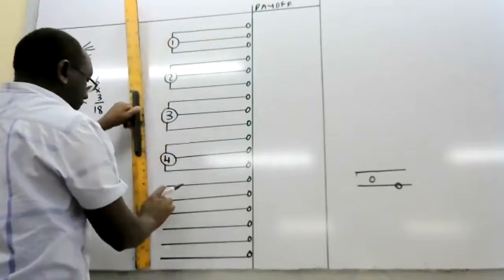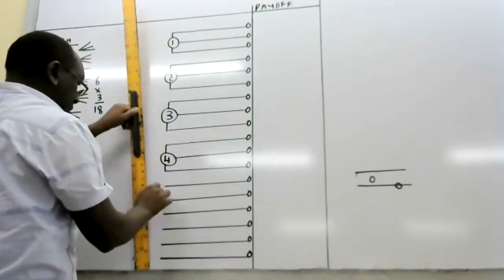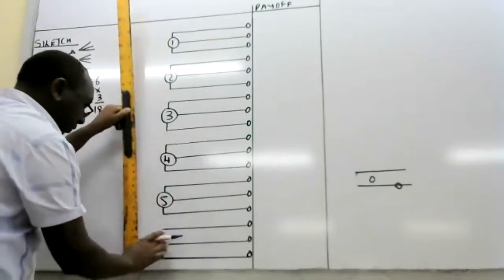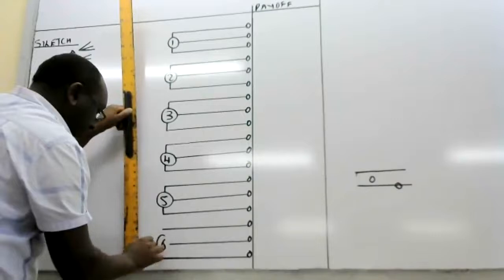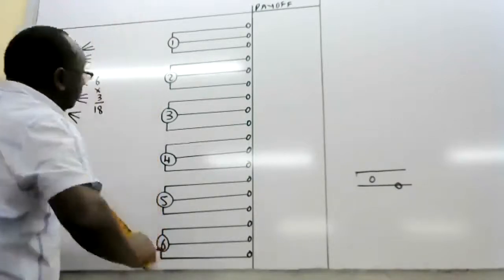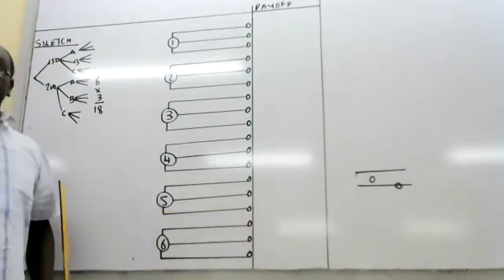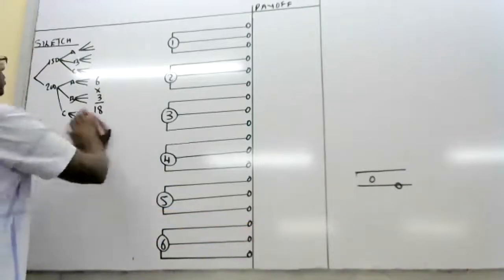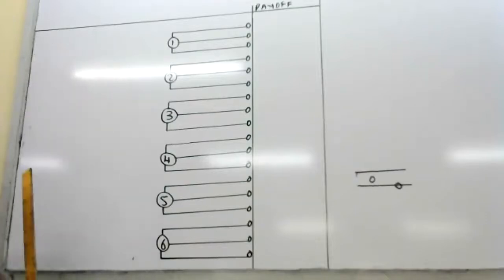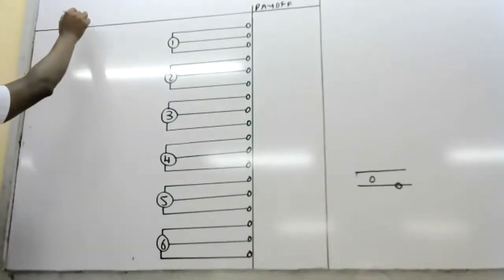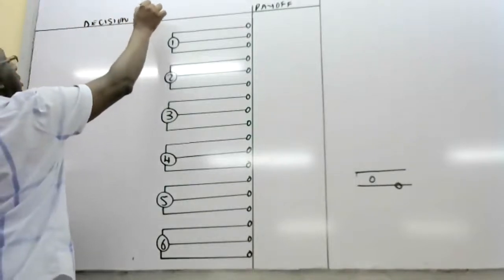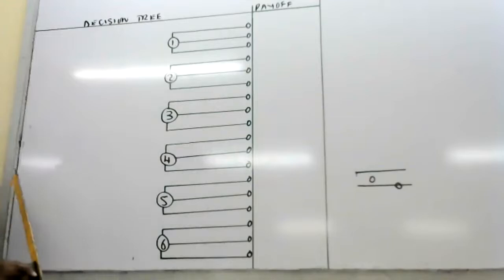Number 4. So this is now the decision tree. Okay.